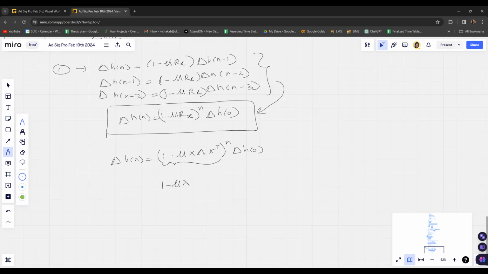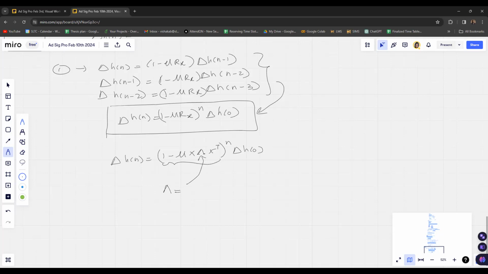So I can take the eigenvalues of this matrix separately and denote that using 1 minus mu lambda, and then I can remove the other components separately.